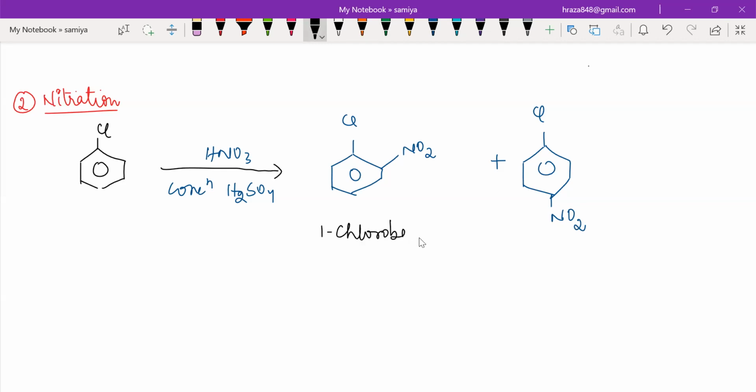Its name is 1-chloro-2-nitrobenzene. And the other one will be named 1-chloro-4-nitrobenzene.